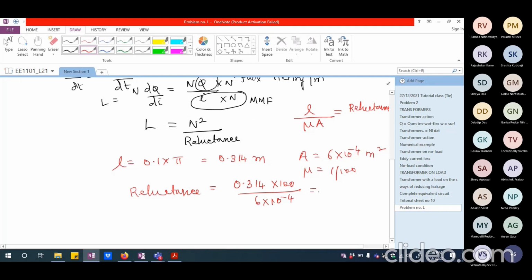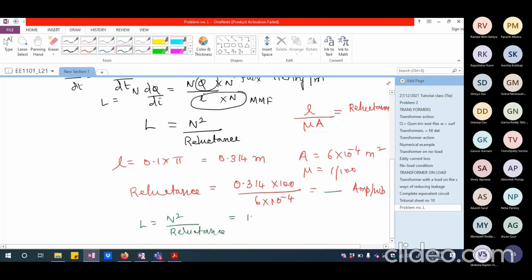So you can calculate what the reluctance is. What we get will be ampere per Weber. Once you calculate that value, I can say L equal to N square divided by this reluctance.